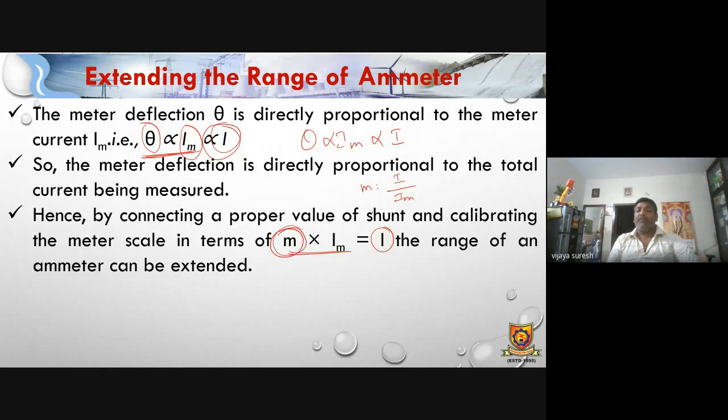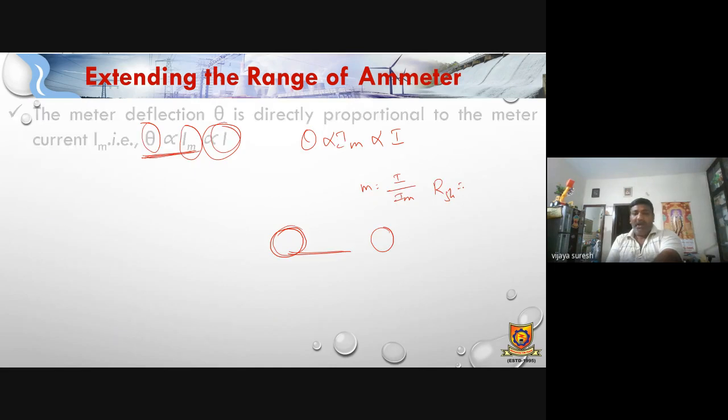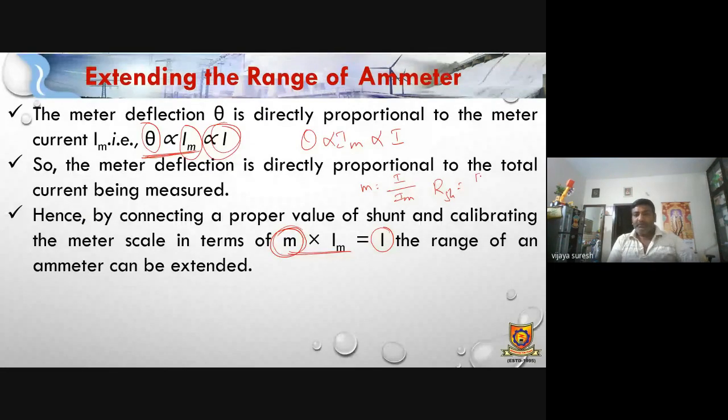This much amount of resistance, nothing but the multiplier, can be connected across, so that the ammeter range can be extended. So Rsh, we have gone through the formula: Rsh equal to Rm by (m minus 1). This much amount of resistance we are going to connect across, or in parallel with, the meter.